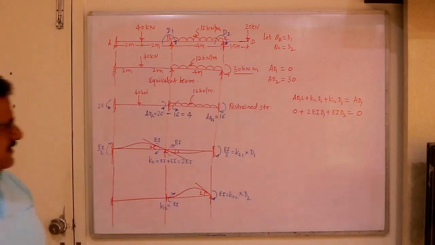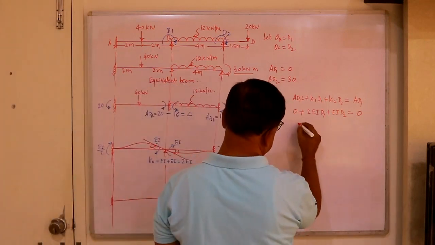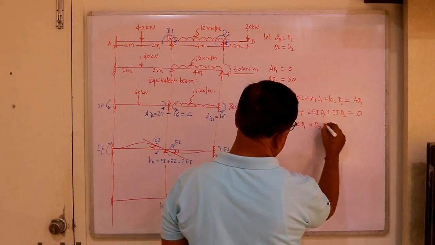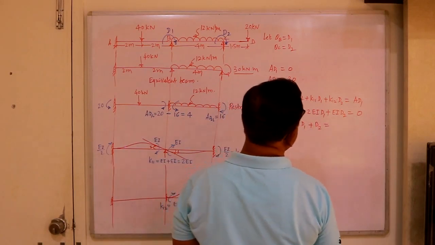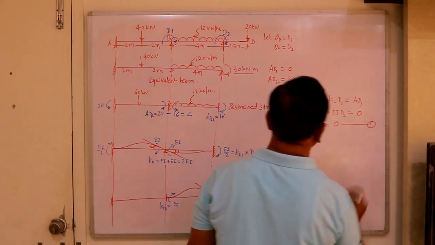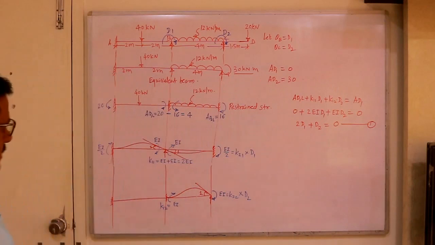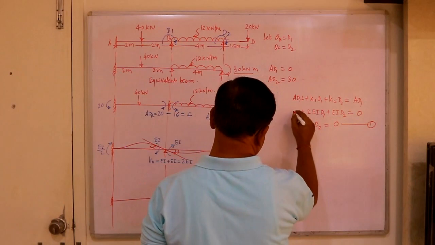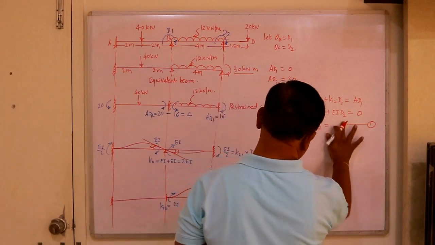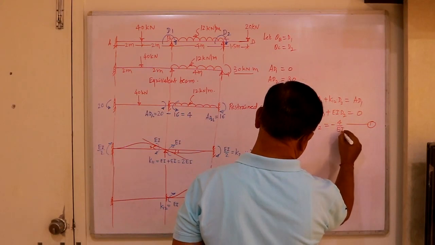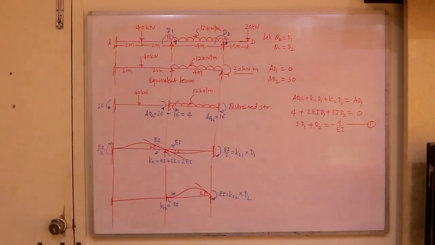So very simple, the first equation is 2D1 plus D2 equal to 0. Equation 1. Just a minute. We have AD1 as 4. So the equation will be minus 4 by EI, because AD1 is 4.